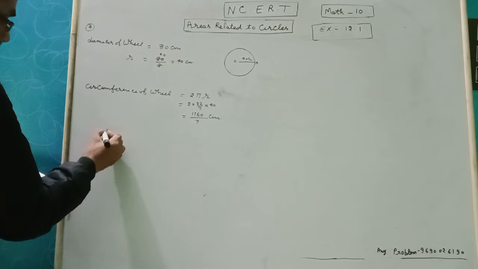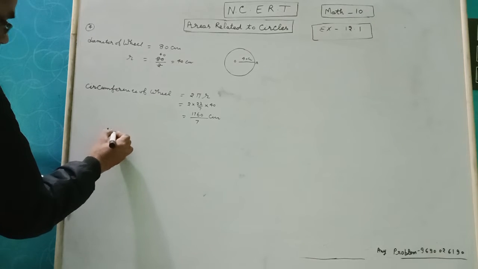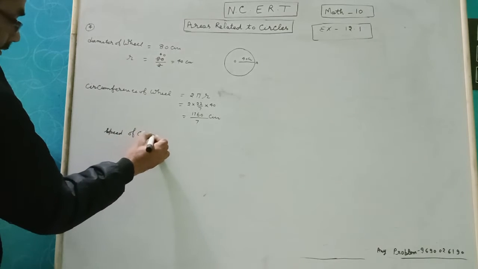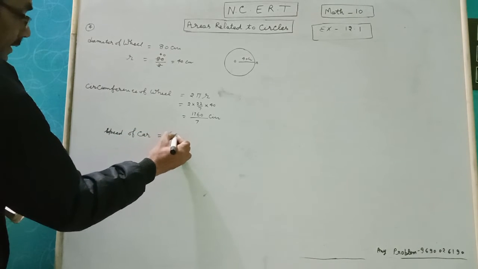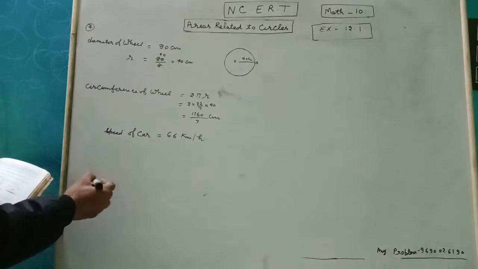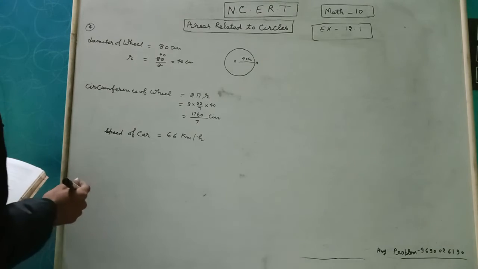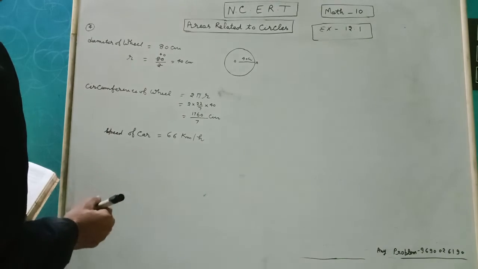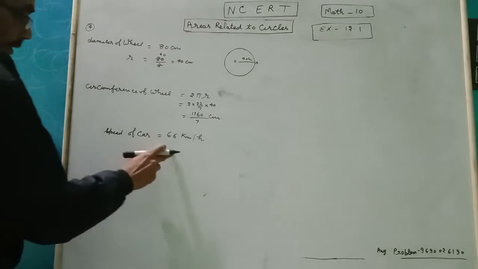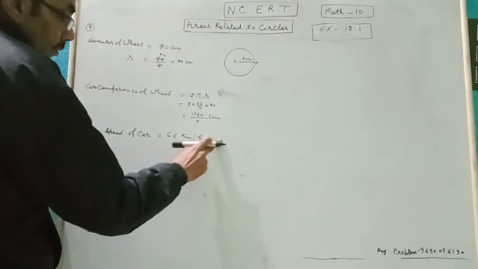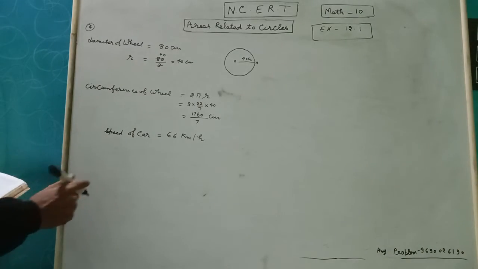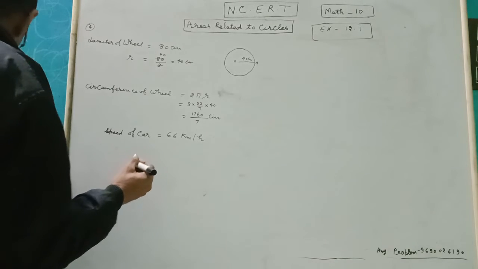The speed of a car is equal to 66 km per hour. How many complete revolutions does the wheel make in 10 minutes? We find how many rounds the wheel makes in 10 minutes.